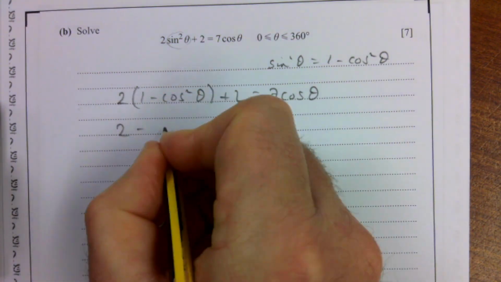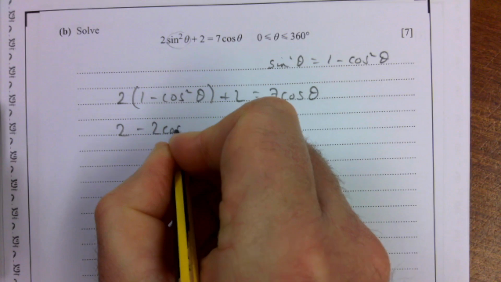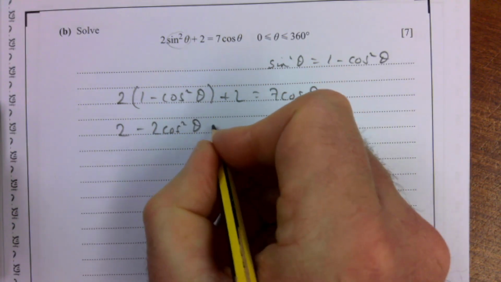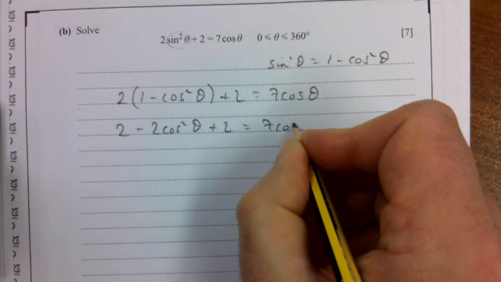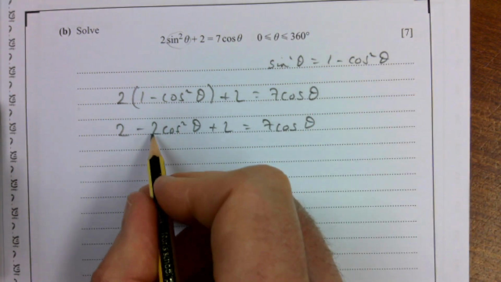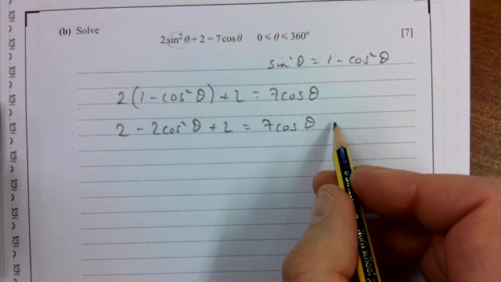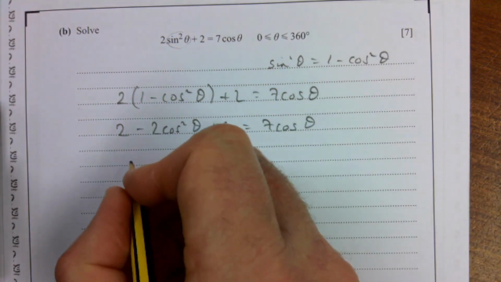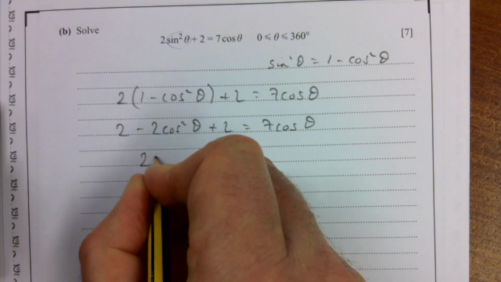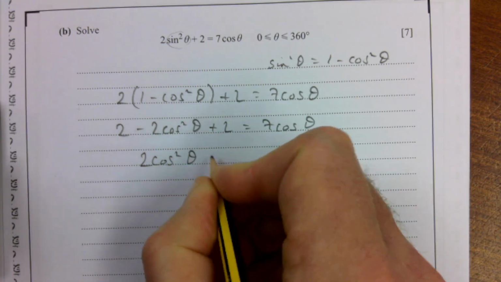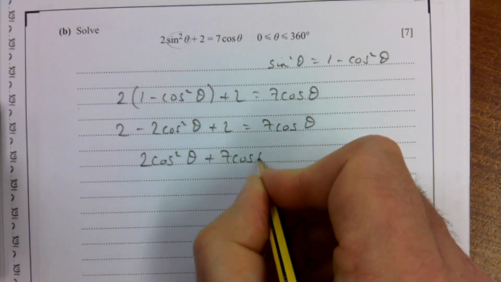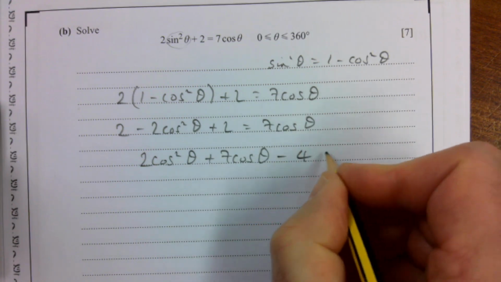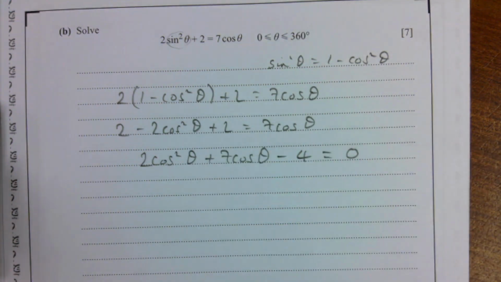That gives me 2 minus 2 cos squared theta plus 2 is 7 cos theta. I'm then going to take everything over to the right hand side because I want a positive squared. So it's going to give me 2 cos squared theta plus 7 cos theta minus 4 equals 0.